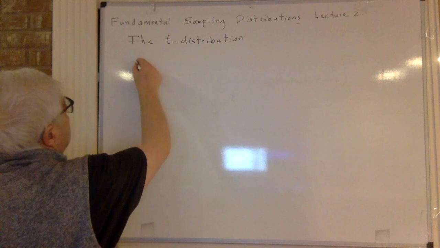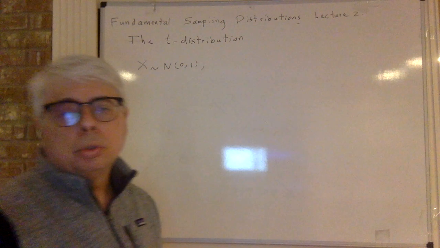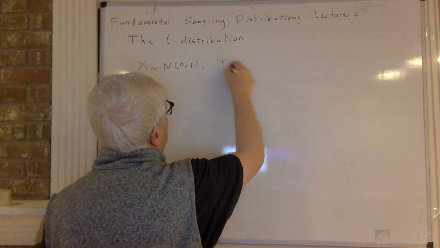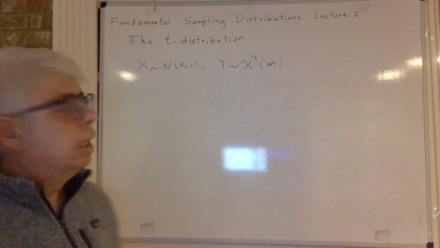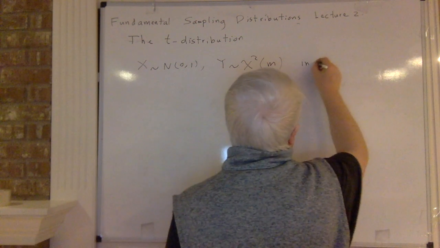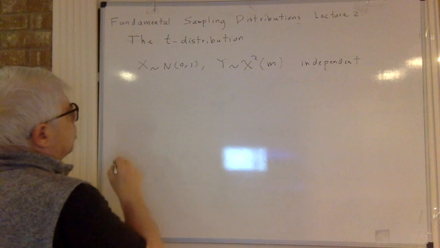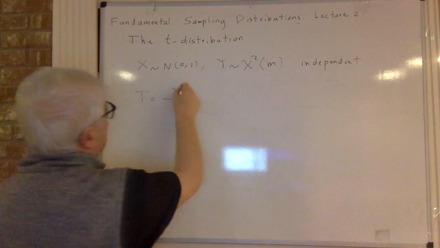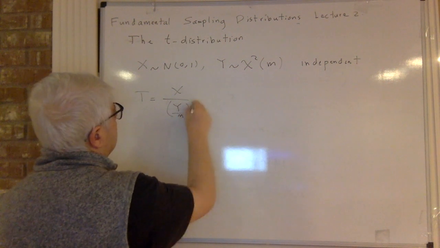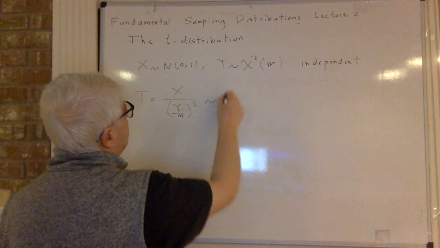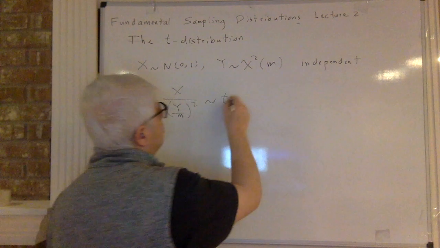If I have X, which is normal 0, 1, and I have Y, which is chi-squared, and they're independent, then the quotient X over the square root of Y divided by m is what we call the T distribution, with m degrees of freedom.